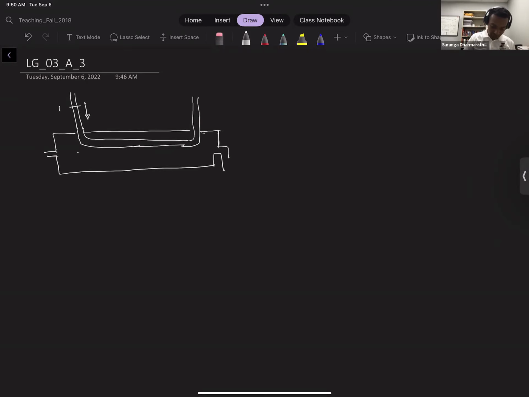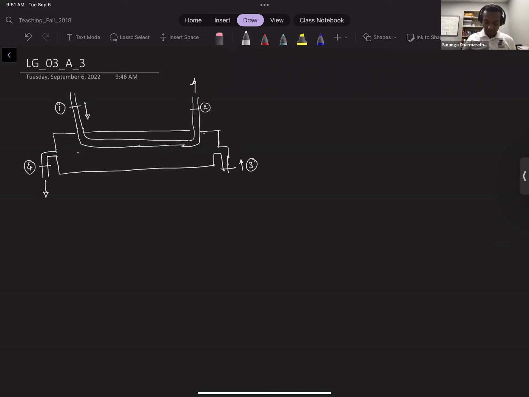Let's say this is 1, and that's 2. Steam exits, and air enters at 3, and air exits from here, 4.